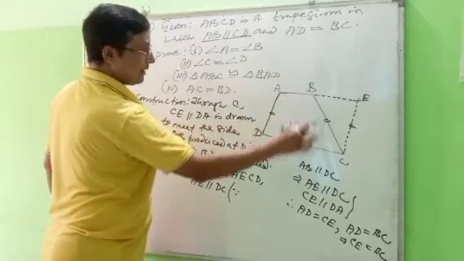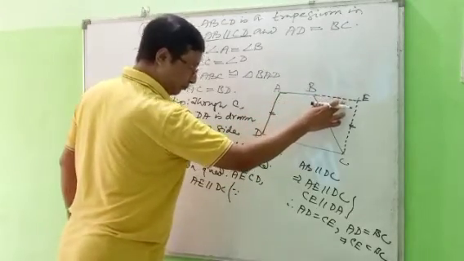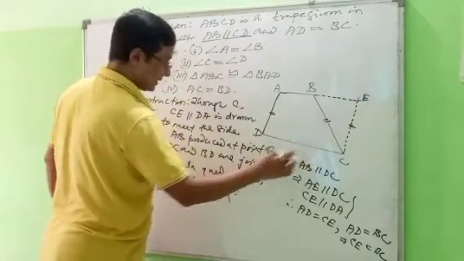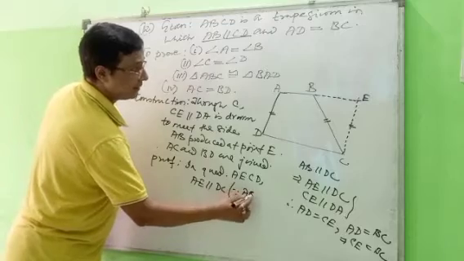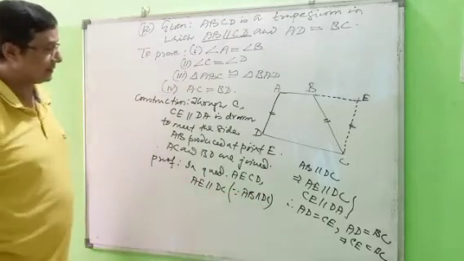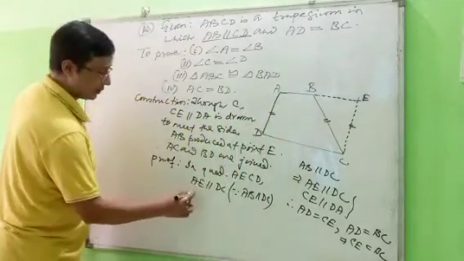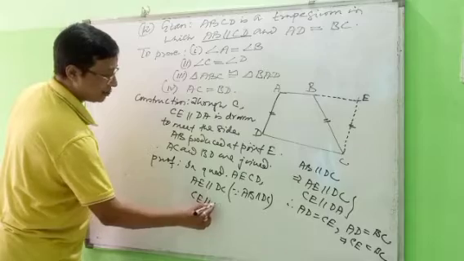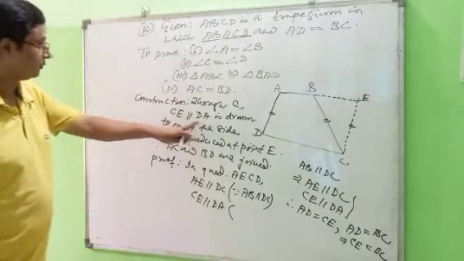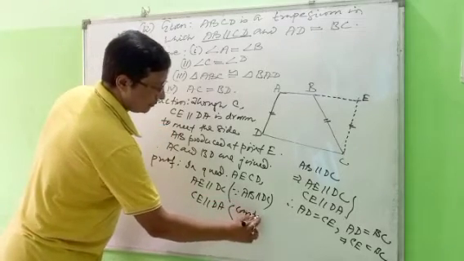Since the side AB is produced to E, AE also is parallel to DC. Then you have made CE parallel to DA. This you have got through construction.